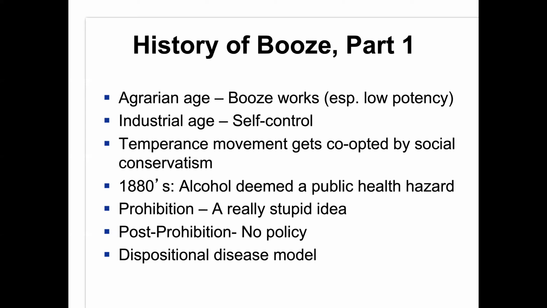The early temperance movement promoted temperance in all areas of life and became a major social force in the second half of the 19th century. That movement, however, was co-opted by conservative social forces and morphed from the promotion of moderation to the promotion of absolute abstinence. The term teetotaler originated as a description of those who had signed the pledge of total abstinence.